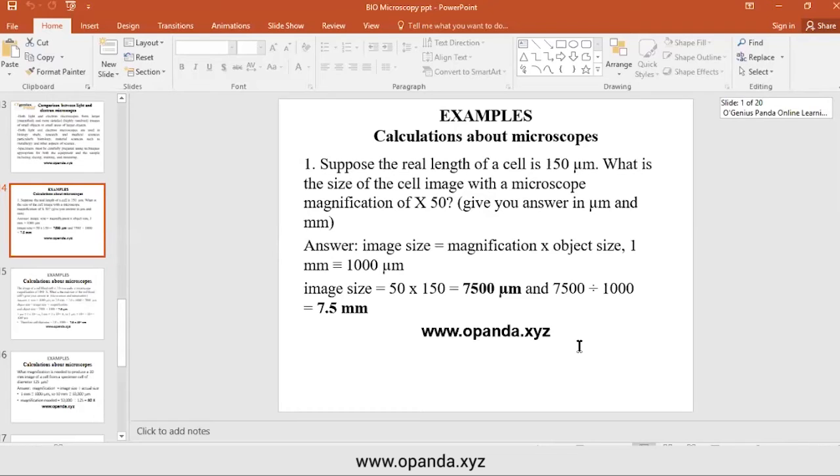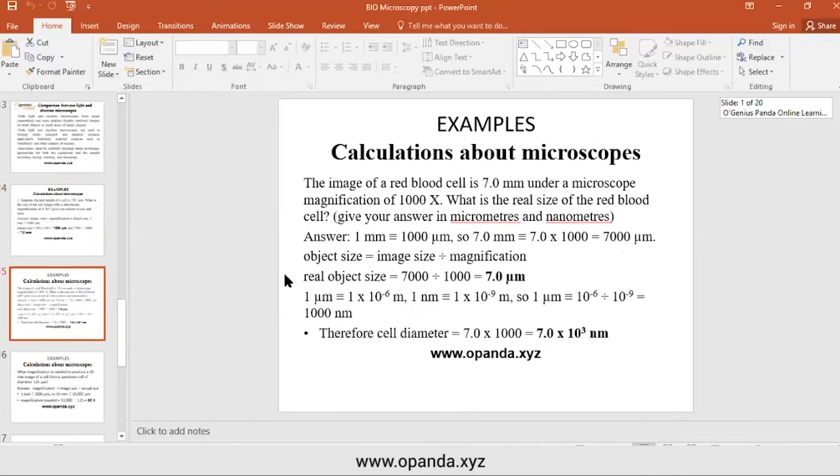Example number two. The image of a red blood cell is 7 millimeters under a microscope magnification of 1,000. What is the real size of the red blood cell? Give your answer in micrometers and nanometers. 1 millimeter is 1,000 micrometers, so 7 millimeters is equal to 7,000 micrometers.